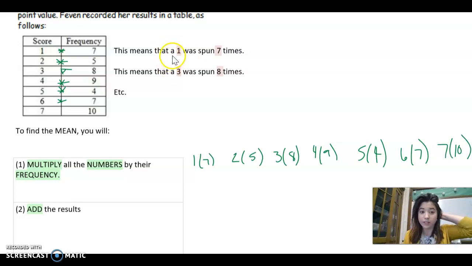And when we have a frequency table, and if I ask you to find the average of a frequency table, you do it the exact same way every single time. So you take your number, multiply it by your frequency. Then we add our results together. So we're actually going to add up all of these multiplications.